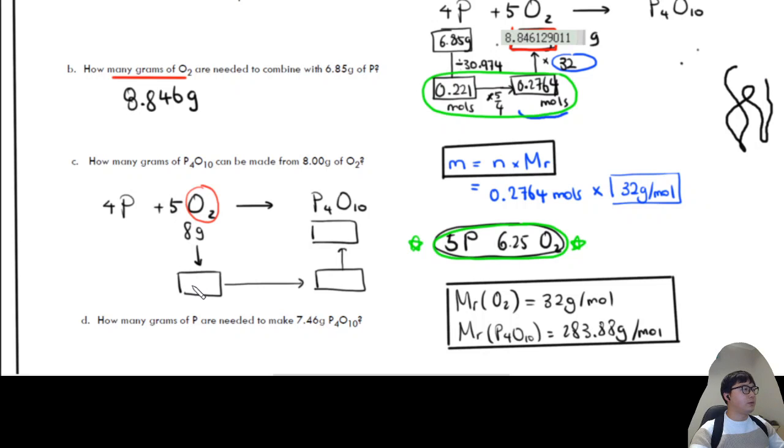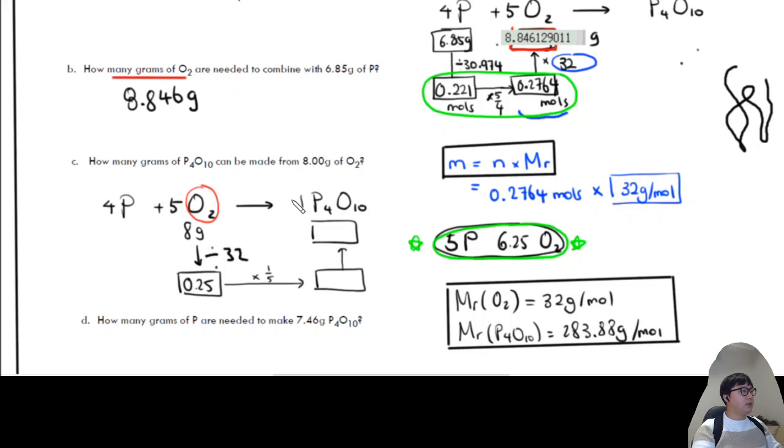Yeah, so this must be 0.25. You got to divide by 32, right? Then you get 0.25, that's right. So you got to times it by 1 on 5, because that's 1 there.